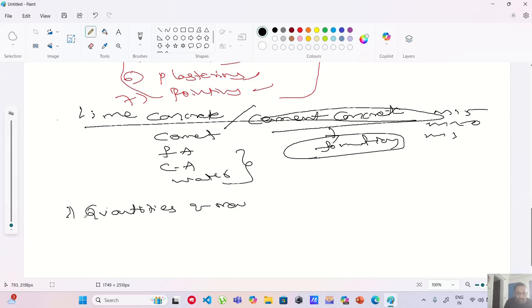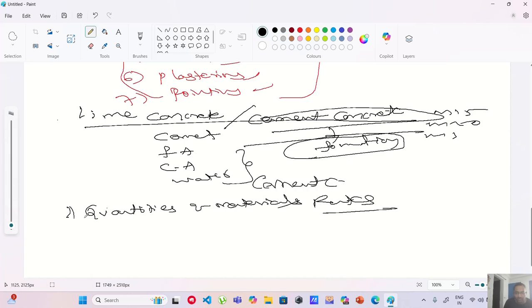Along with this, rates also we have to know. So what are the quantities of material? Now we'll discuss. So the work we already defined, that is cement concrete in foundation.